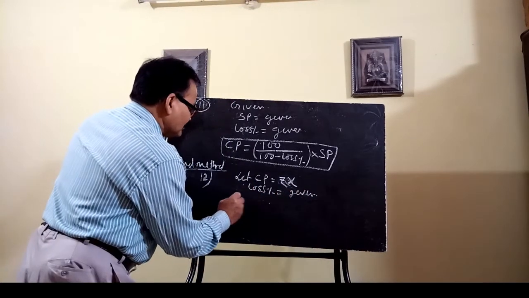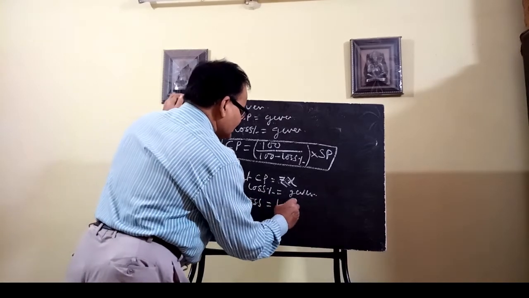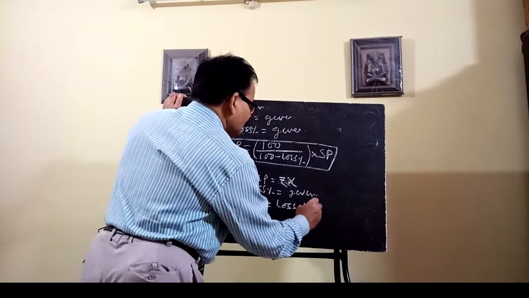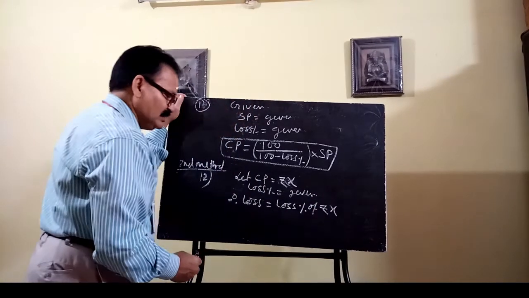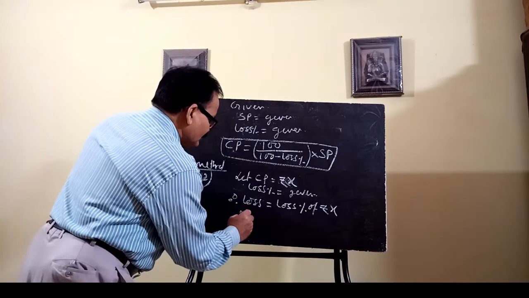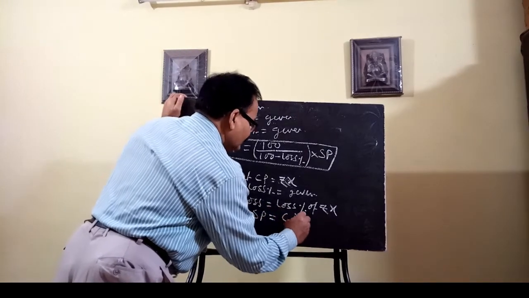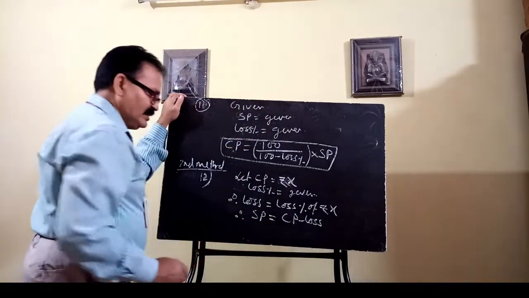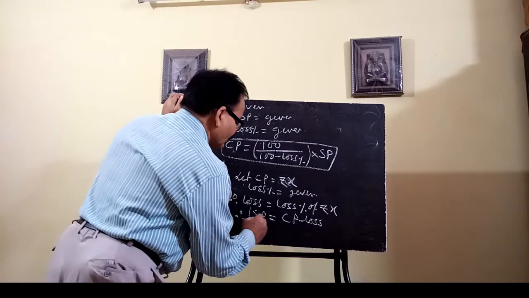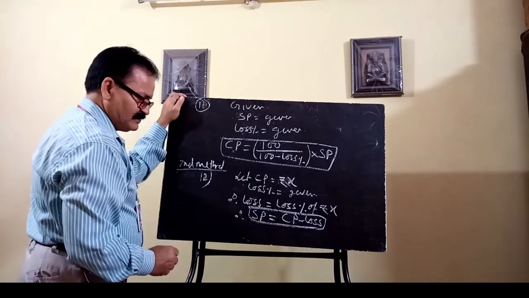Then you first find out the loss. Loss is your loss percent of rupees X, because X is your CP. Therefore SP equals CP minus loss. In this way you calculate the loss and then you find the SP.